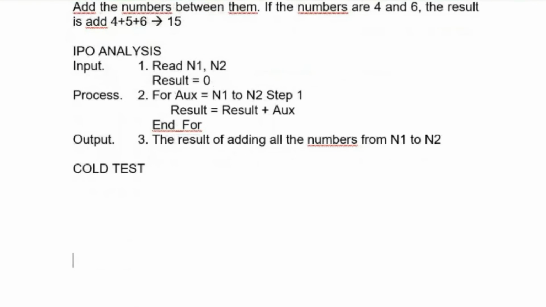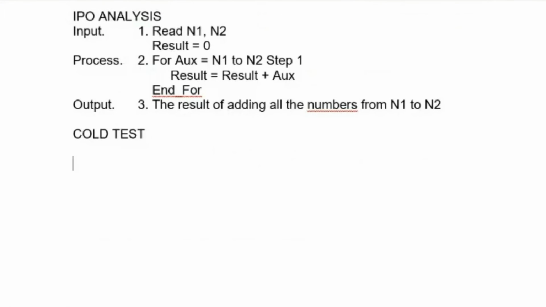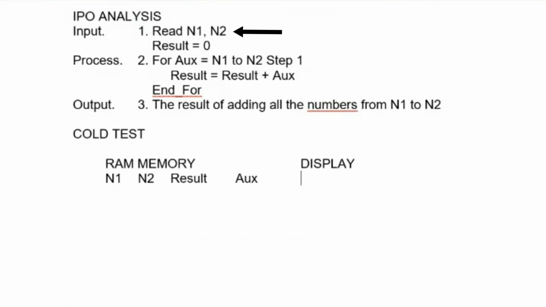Very easy, you know. Now let's see the call test. Remember, RAM memory, and then display, right? In the RAM memory, you write the variables N1, N2, result, and aus. Okay. Step number 1, read N1 and N2.